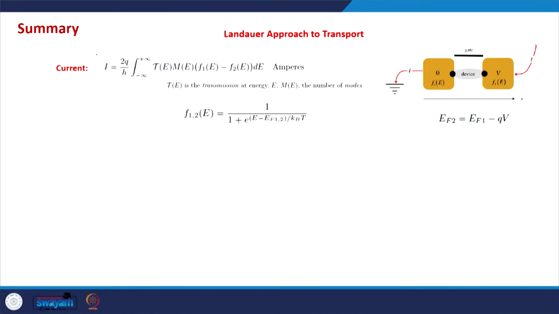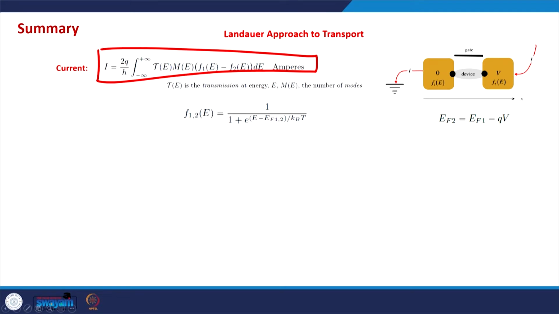In the Landauer formalism of transport, this is the current equation that we start with. Although derived for a two terminal device in our discussion, this is equally applicable to the MOSFET device as well.